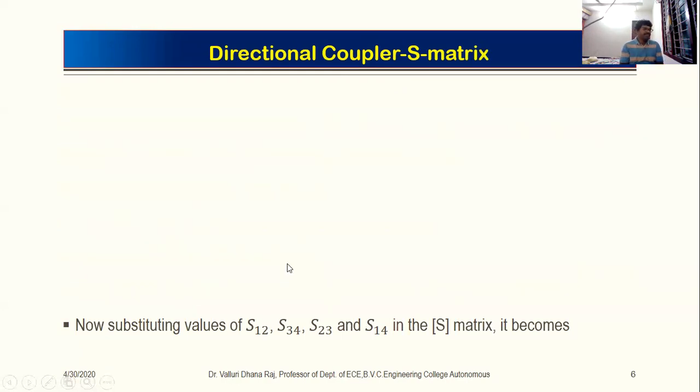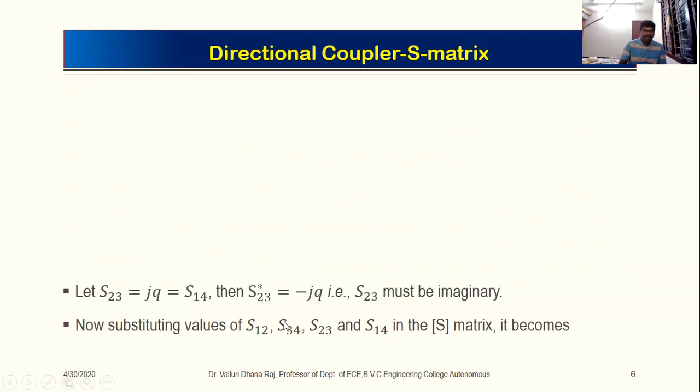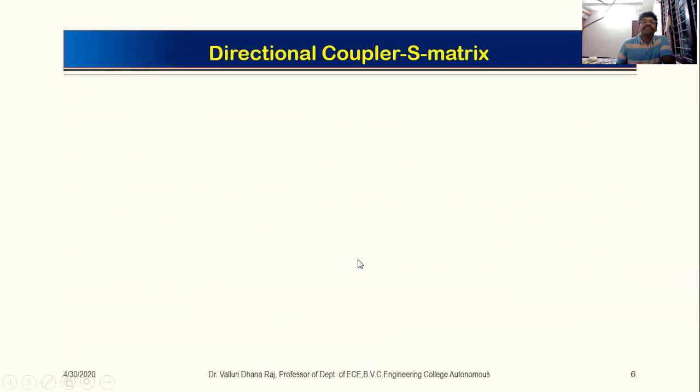What is the meaning of S23? 2 is the output and 3 is the input. It is going to be negative imaginary.